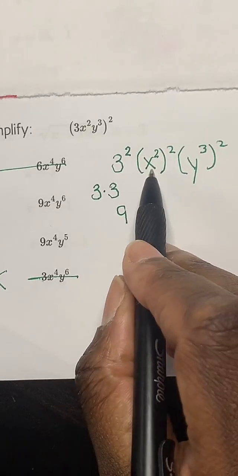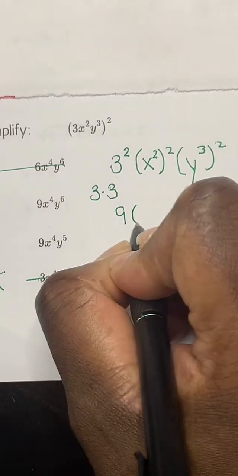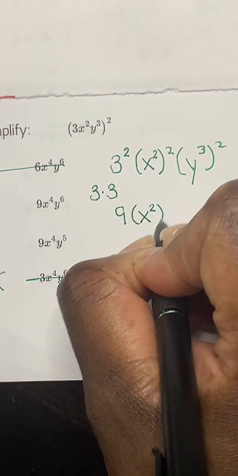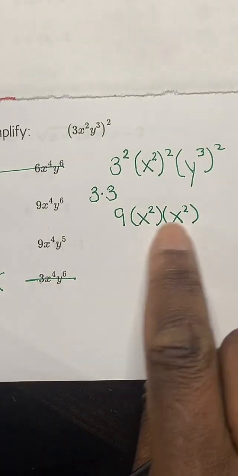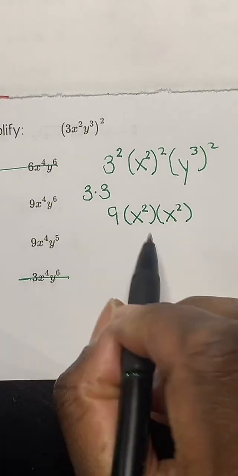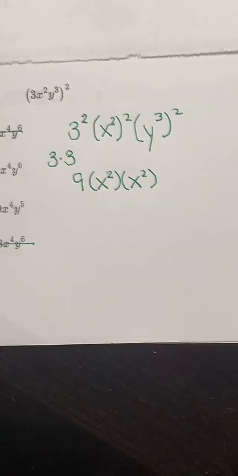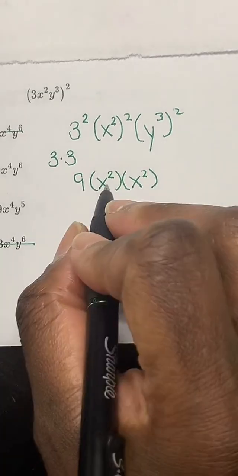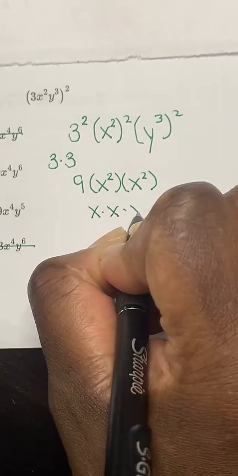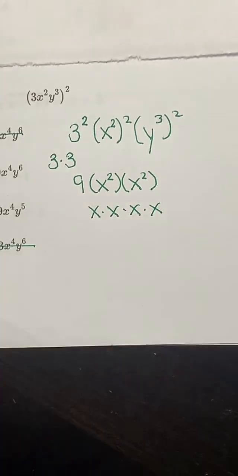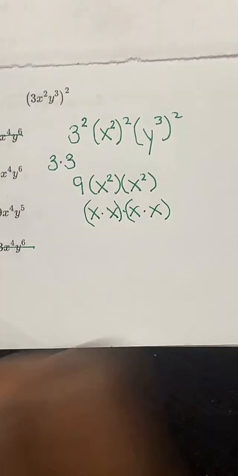Now, this x squared being raised to the second power means I'm taking this base of x squared and multiplying it by itself 2 times. When you are multiplying exponents, you're practically adding them, because x squared is the same as saying x times x. This is the first set, this is the second set.